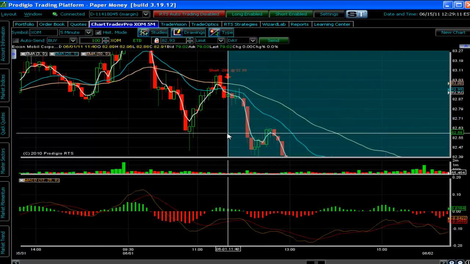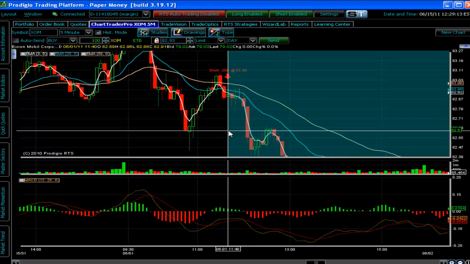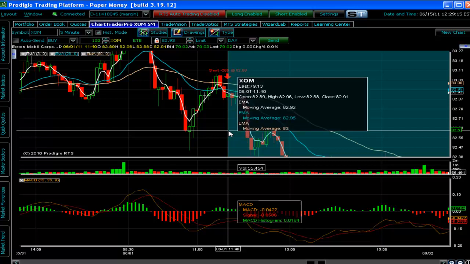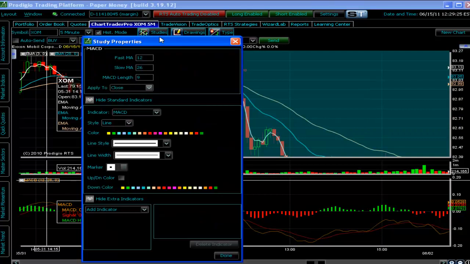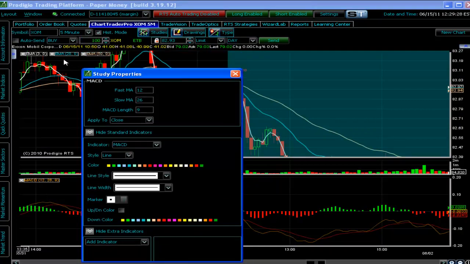So here I'm looking at a MACD, and the way MACD works is it operates on a similar principle. It operates by looking at the difference between 2 exponential moving averages. And I can match the speeds here to what I am doing inside my exponential moving averages at the top.